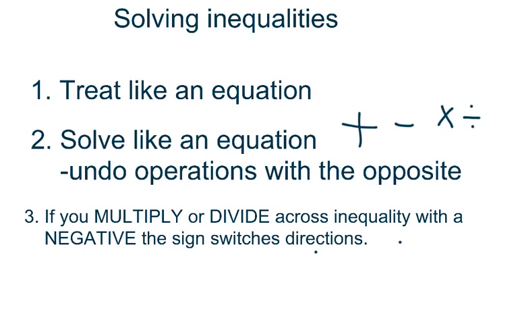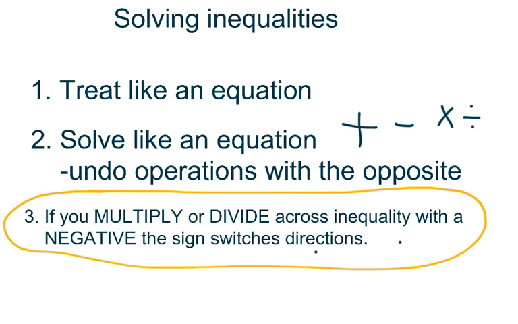The big thing to remember with inequalities is this last item. It's this last guy down here. This is the most important thing. It says if you multiply or divide across the inequality, so we're going across the inequality, so we're changing sides of the inequality, with a negative. So if I'm dividing by -2, if I'm multiplying by -5, the sign switches directions.